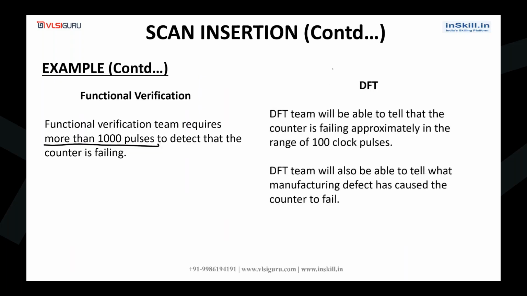The DFT team will be able to tell that the counter is failing in approximately the range of 100 clock pulses, so somewhere around 80, 90 or 120.